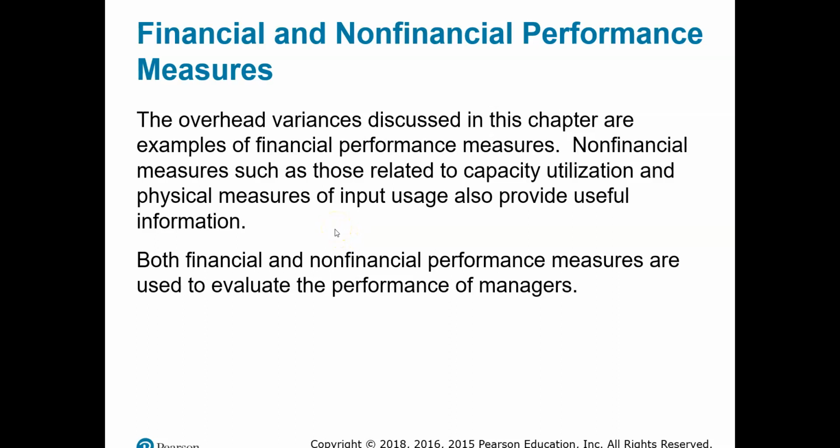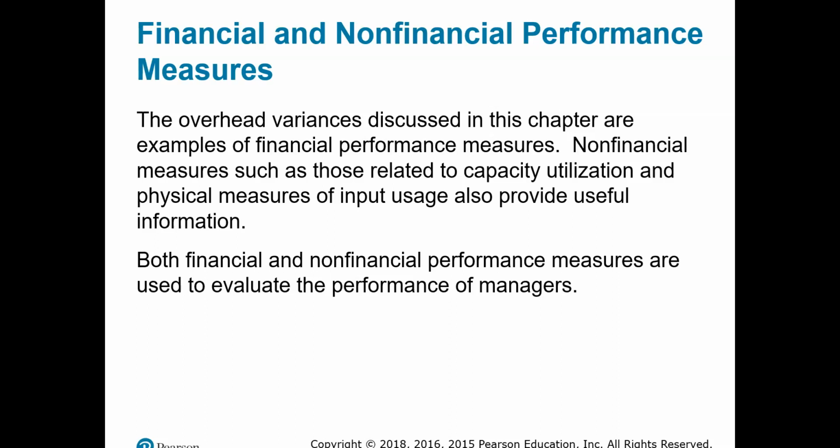And when we're evaluating the performance of management, we do want to utilize both financial and non-financial performance, because a lot of times management is going to be responsible not just for the numbers, but also the non-financial performance as well.